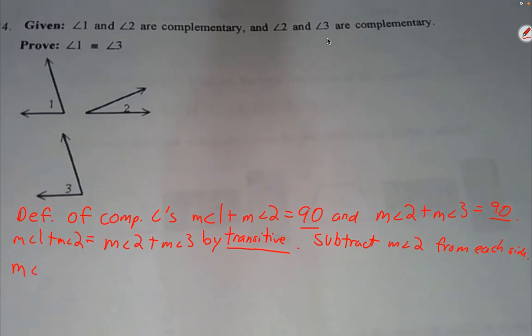The measure of angle 1 equals the measure of angle 3. Then what are they looking for? So what am I gonna write next? Angle 1 equals angle 3, so angle 1 is congruent to angle 3. It's whatever's written on that other page. All you're doing is copying from the other page.